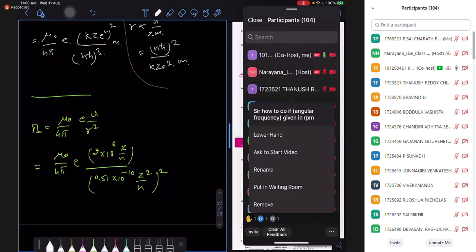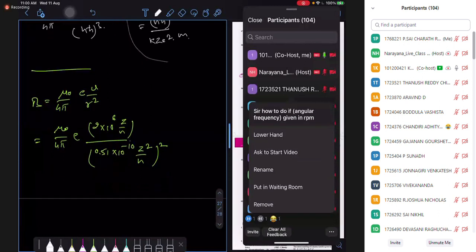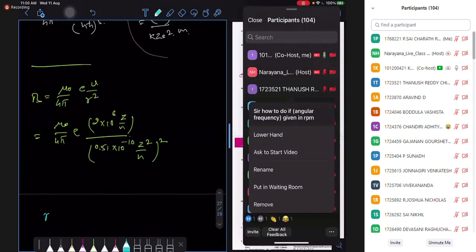RPM means rotation per minute. One rotation is 2π and 1 minute is 60 seconds. To convert into SI units, RPM is not a concept, it is just a unit conversion.